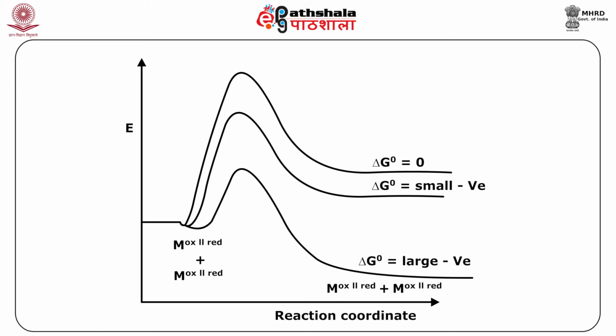The delta G0 could be 0, or small negative, or large negative. If the formation of the ultimate product is quite feasible, the delta G0 will be large negative; if the system is a bit favorable, the delta G0 will be small negative; and if the system is in equilibrium, the delta G0 is exactly 0.